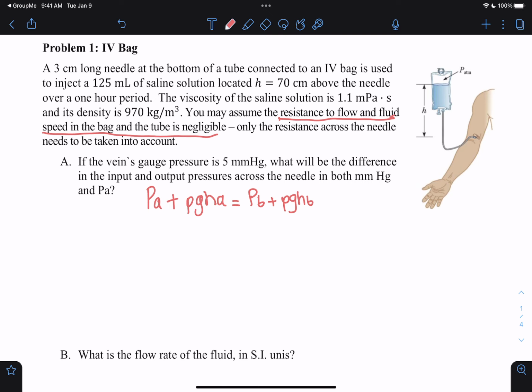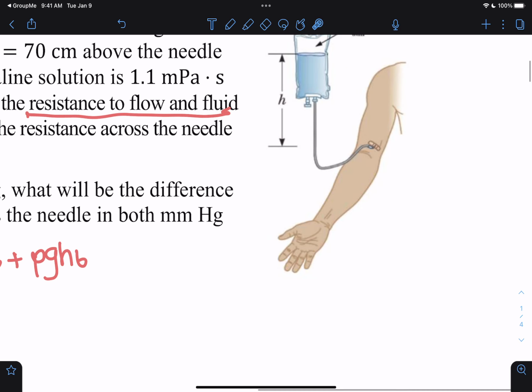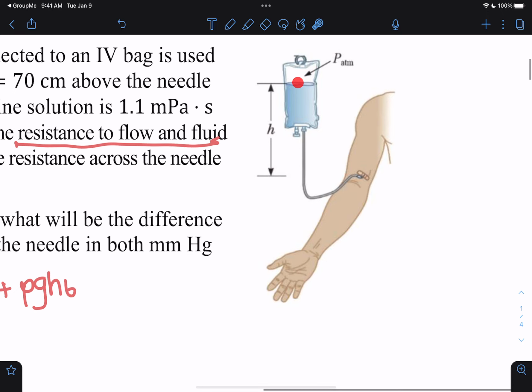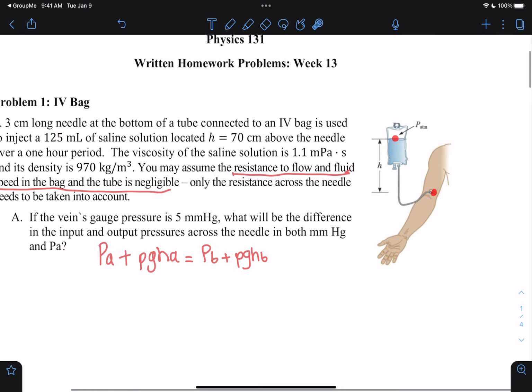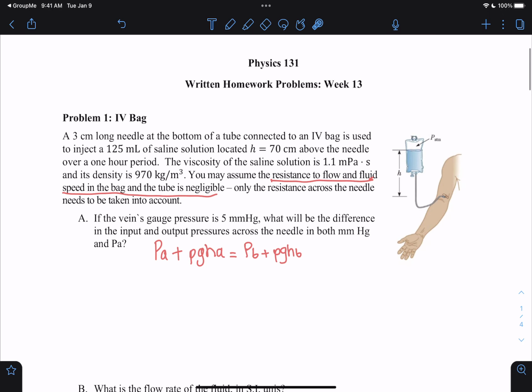So if we want to figure out the pressure difference across the needle, we're looking at the pressure difference between this point here and this point there. That difference in pressure is due to the difference in height, basically.